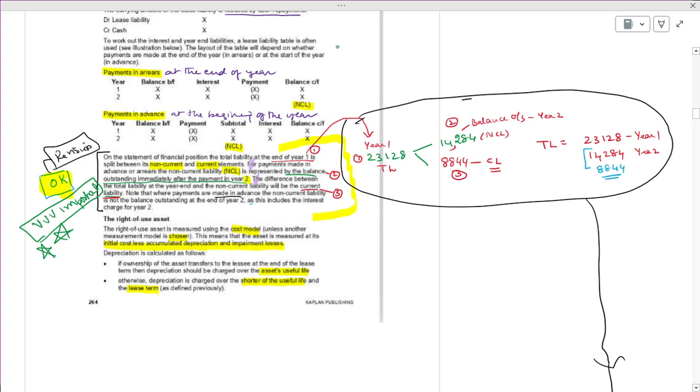This is the rule. Here the rule is completely different. Okay? There the rule is completely different. Is it okay?